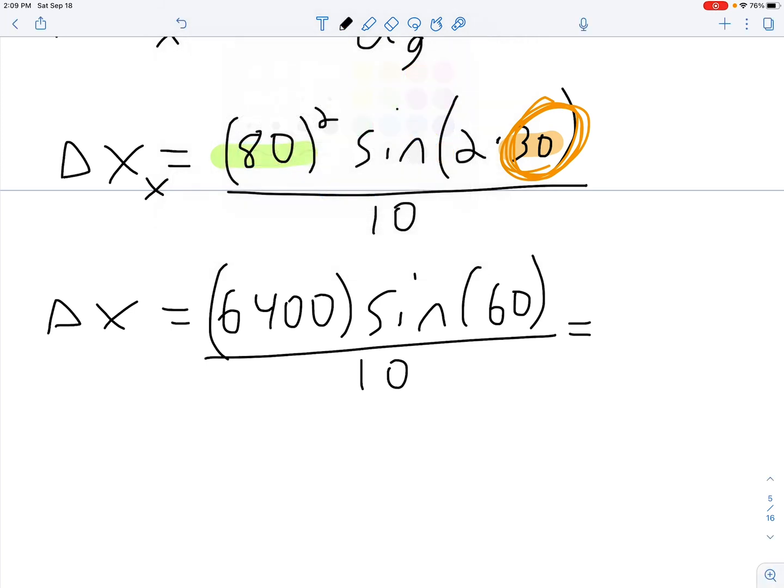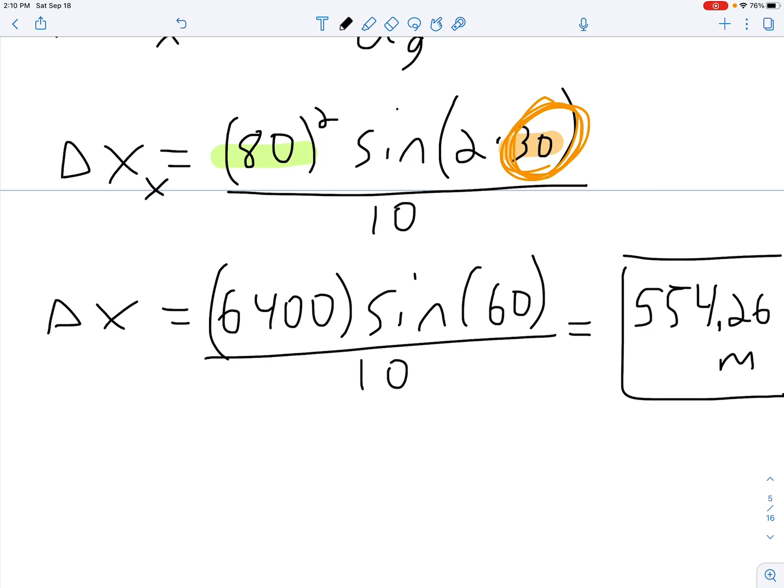If you're using Desmos, make sure that you change it, because Desmos defaults to radians. But if we put this in the calculator, we get a distance of 554.26 meters. And that's it. To put it in the calculator, I would just put 6,400 times sine 60, close parentheses, divided by 10. Just put it all at once.